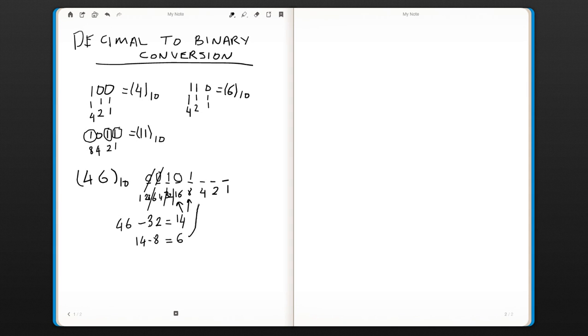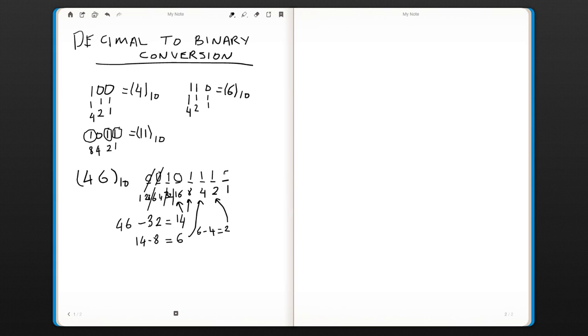So 6 is bigger than 4, so we have to add that. And then the rest of it is 6 minus 4, that is 2. We'll add that, and then our number is now 32 plus 8, 40, 44, 46.